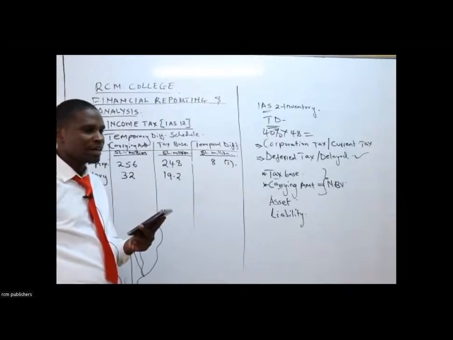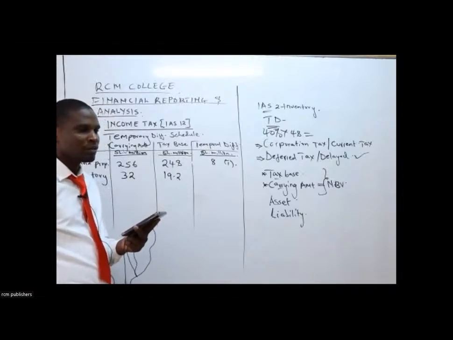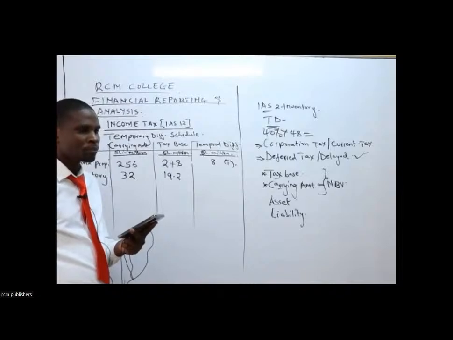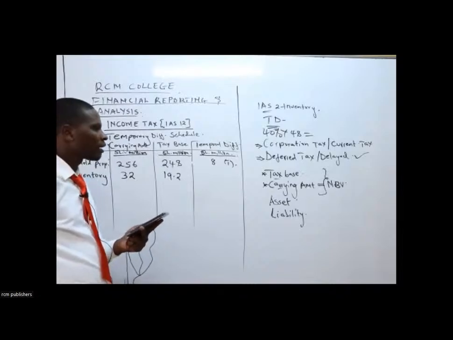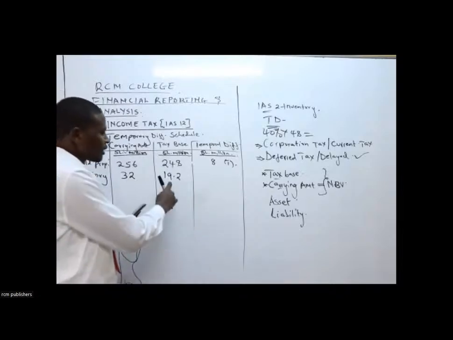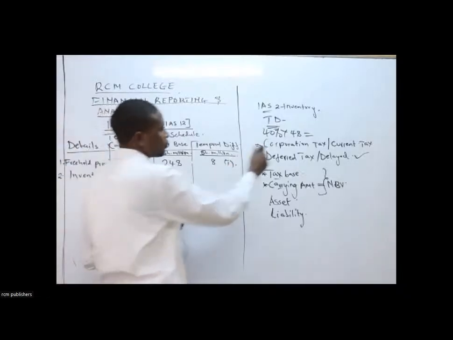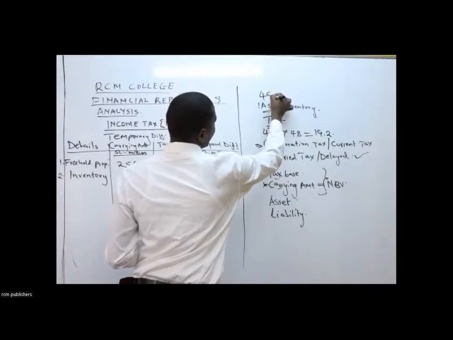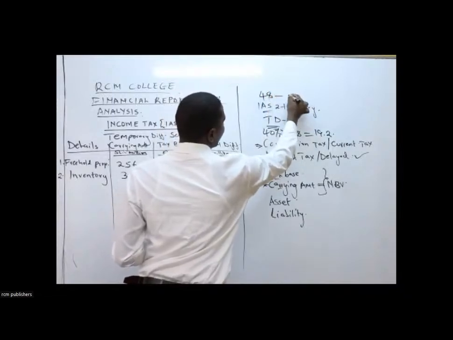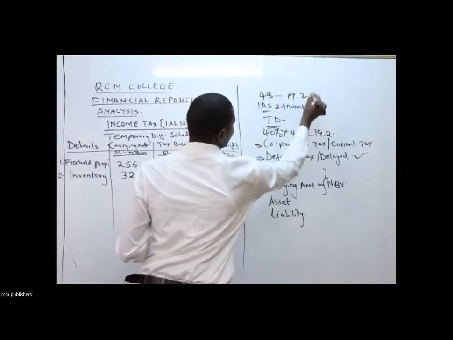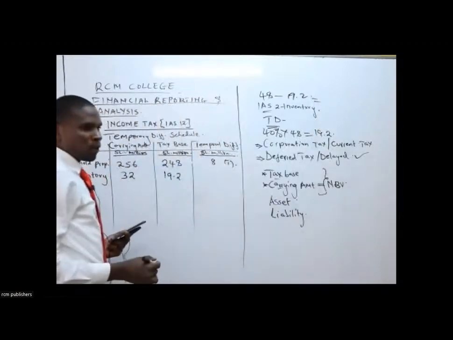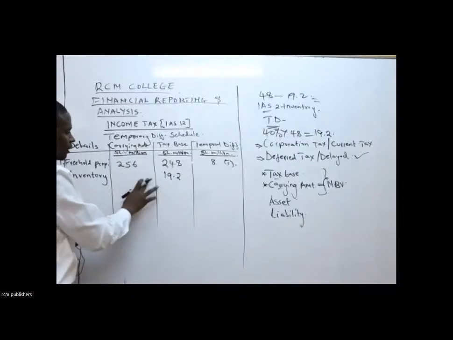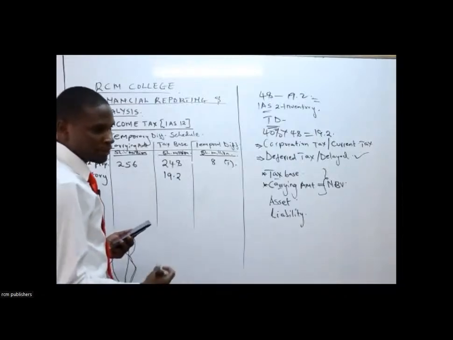Who can give us the carrying amount figure? The 48 minus what? This is 19.2, and we are told the goods were held. That minus 19.2 will be our carrying amount, the remaining.